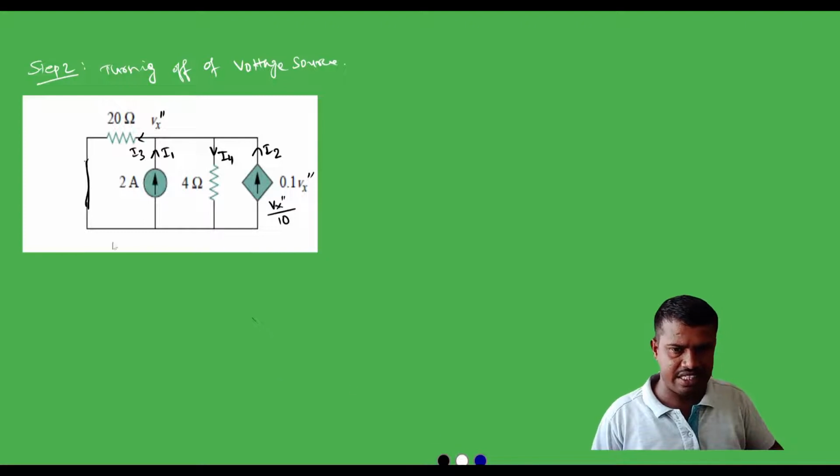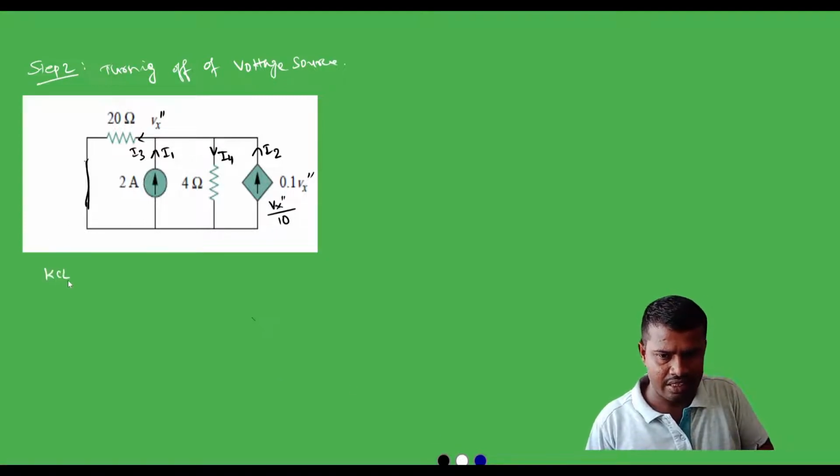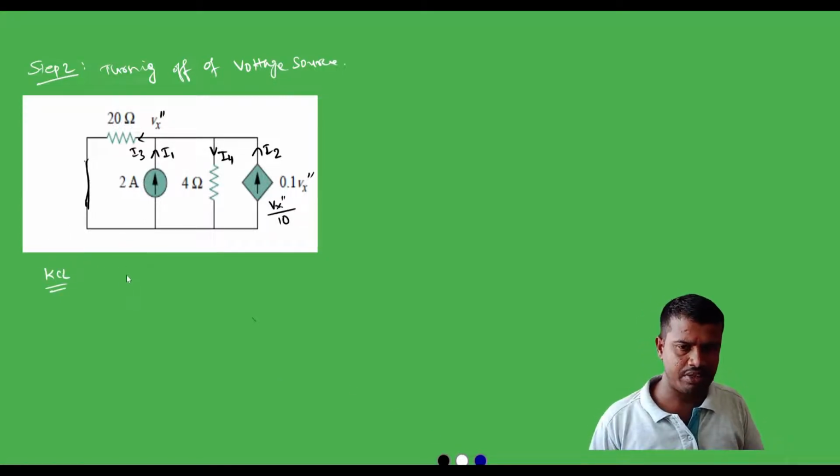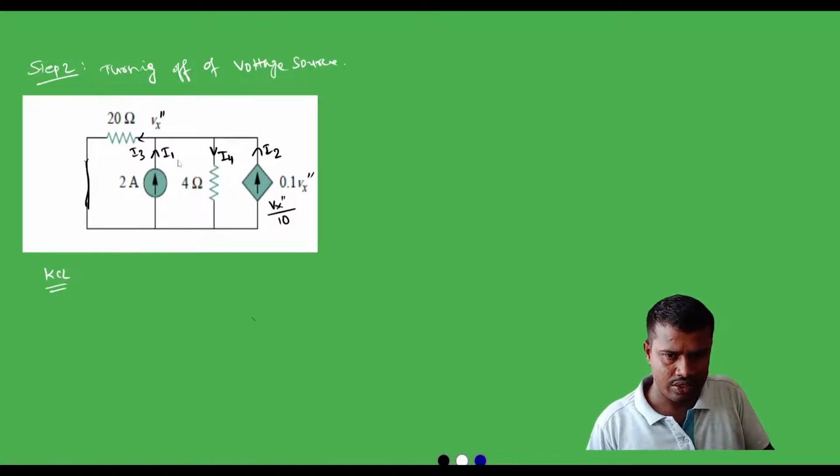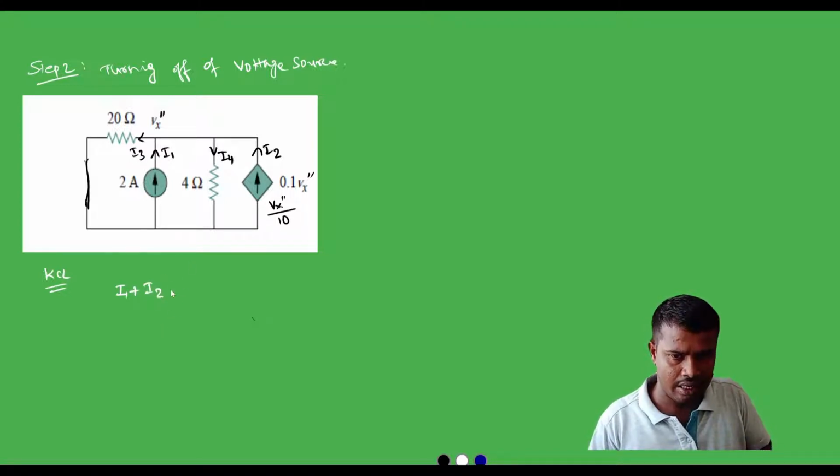Now as per KCL, the algebraic sum of incoming currents is equal to the algebraic sum of outgoing currents. The incoming currents at this junction are I1 plus I2, and the outgoing currents are I3 and I4. We can write this as I1 plus I2 is equal to I3 plus I4.